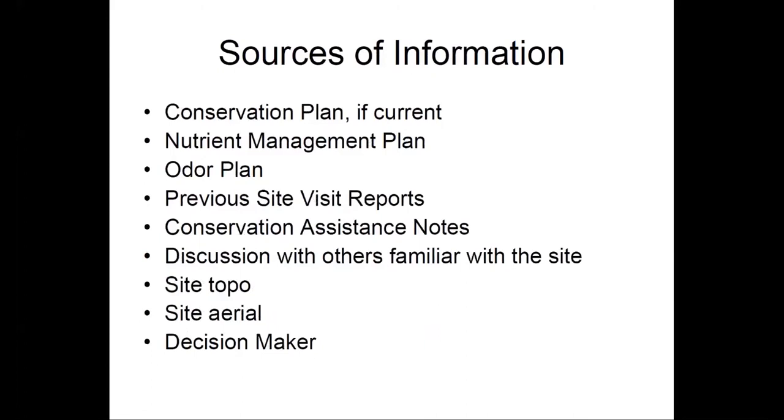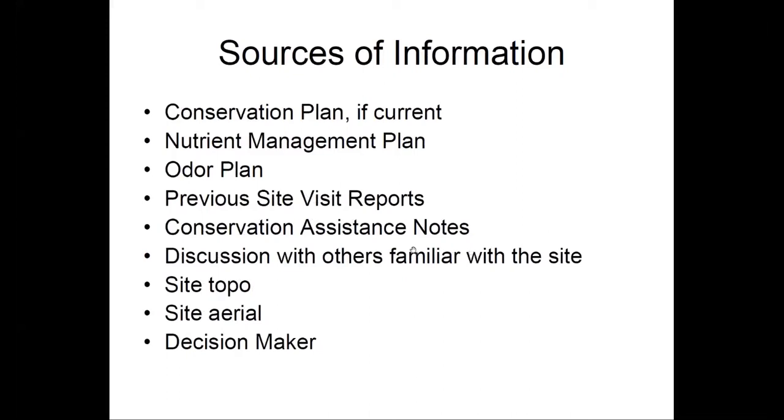So your sources of information, if you have a current conservation plan, if you have a current nutrient management plan, if your state requires, there could be an odor plan. Has there been any previous site visit reports? In Connecticut anyway, a lot of people have been visited over and over and over again. So there should be information in the old report.